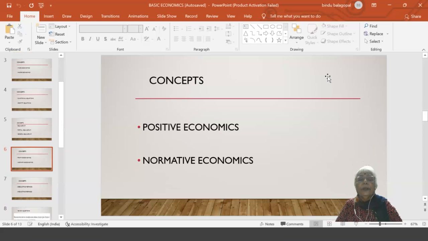Okay, moving on, you come to concepts like positive economics and normative economics. In textbook economics, you always find statements like positive economics is about what is, and normative economics is about what ought to be. When you come right down to it, what is it? Positive economics explains the actual position, the actual state of affairs, without being judgmental.